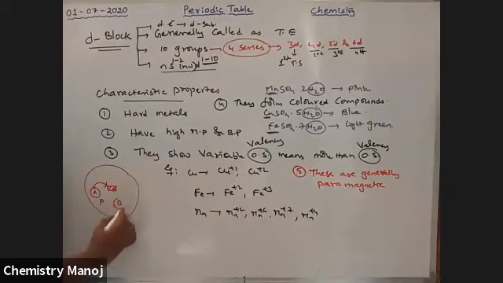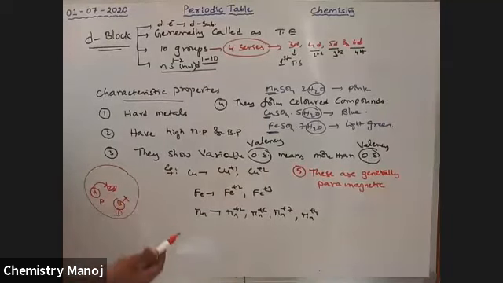There is another substance which is not attracted by the magnet, which is taken as a diamagnetic element. Attracted by the magnet is paramagnetic. Not attracted, which is generally called repelled, by the magnet is a diamagnetic substance. If this attraction is stronger than that, it is ferromagnetic, we will see it.